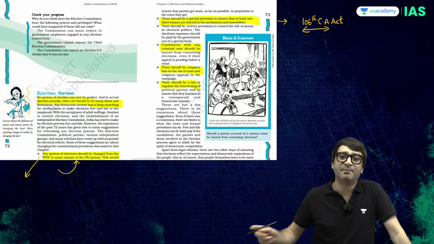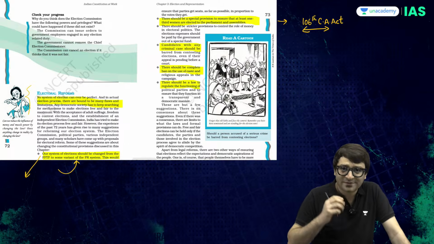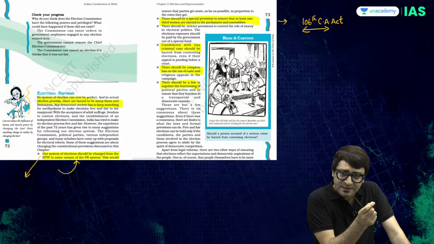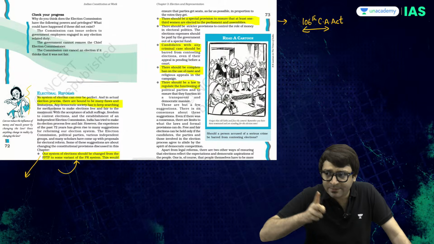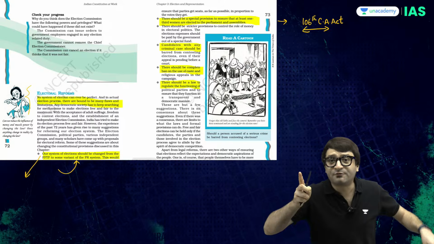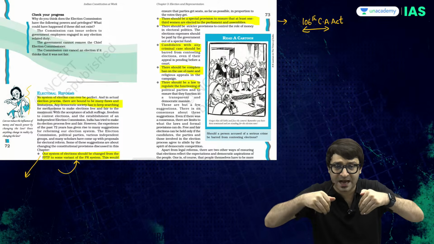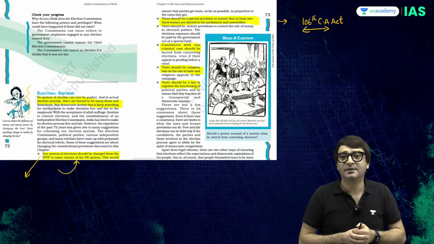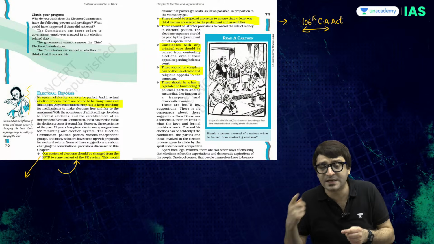Why? Because for that we need to have delimitation. Because I told you, if there are seats reserved for SCs, seats reserved for STs, who will reserve these seats? Delimitation Commission. But for that, Delimitation Commission should know what is the current exact population number, population count, population figure. And how do we know? For that, we conduct census exercise every 10 years.